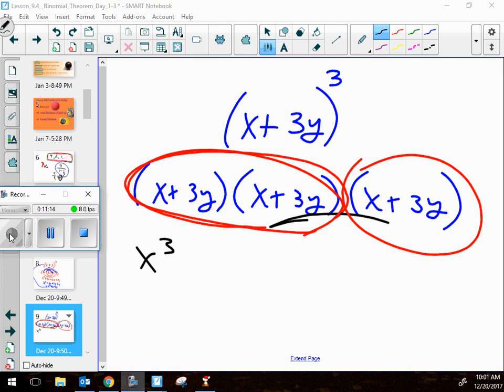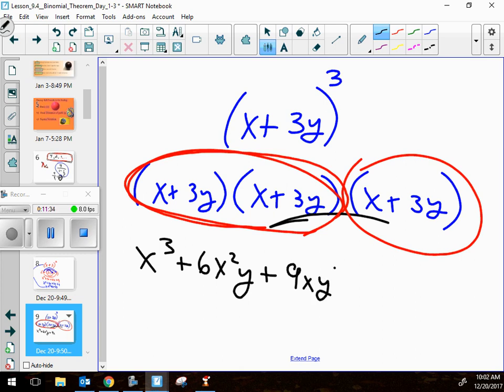Hit me. X to the third plus 6x squared y. Okay. 9xy squared. Keep going.